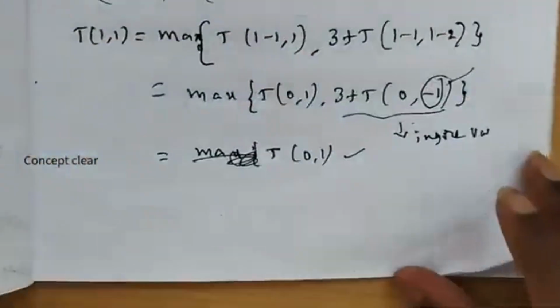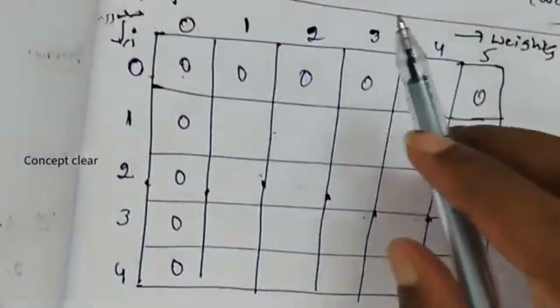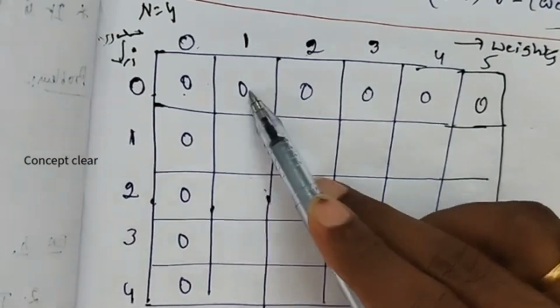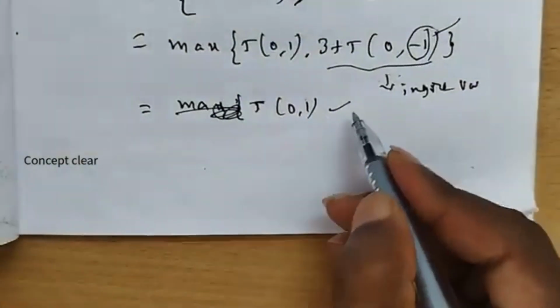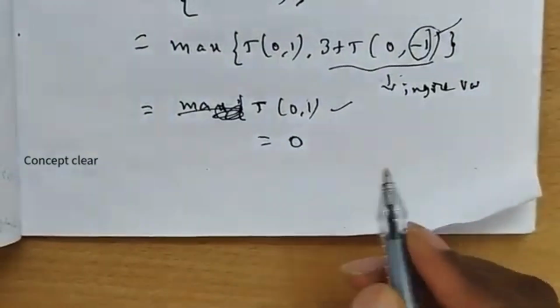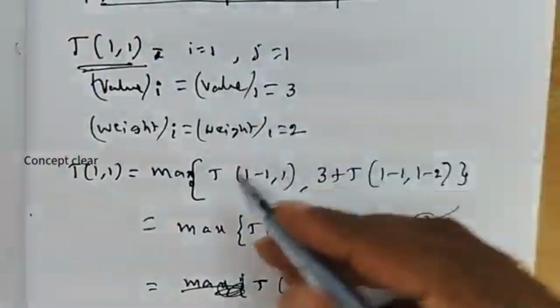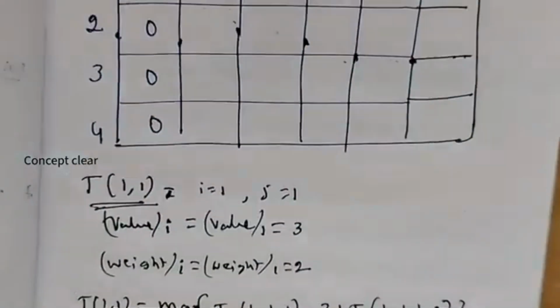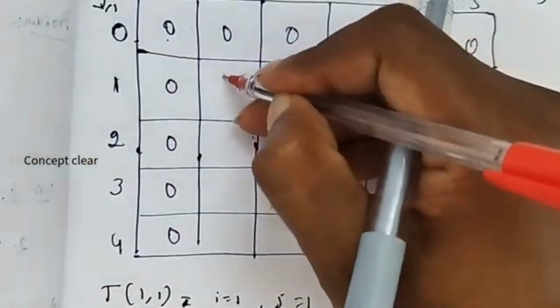So here the 0 comma 1 value is 0. So we get 0 here also, and we have to fill T of 1 comma 1 as 0.